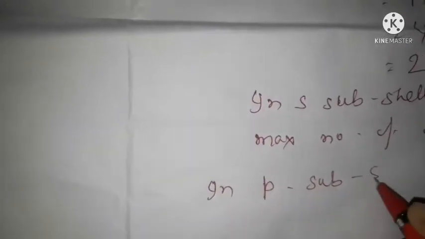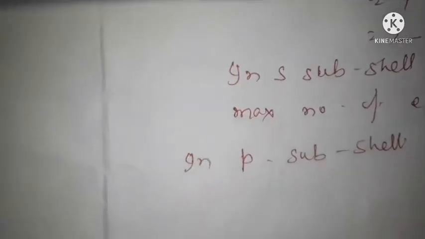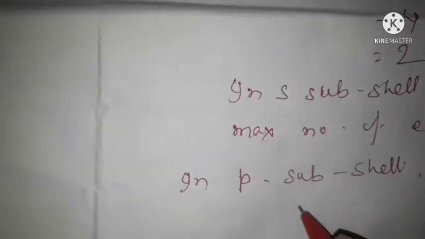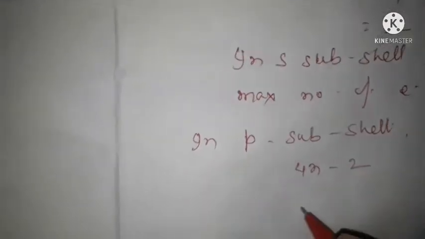Like this, in the P subcell we derive it by using the formula 4n minus 2.